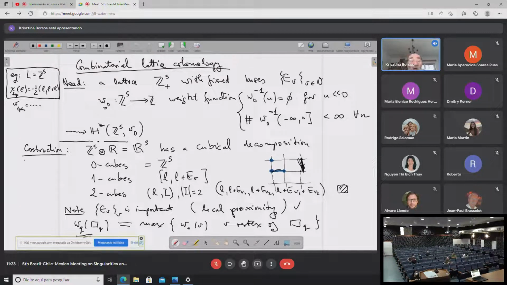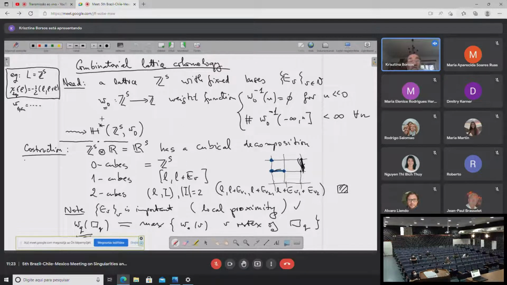In our case, this will be the lattice generated by the exceptional curves in the resolution, or the plumbing graph associated with the plumbed 3-manifold, and the vertices give the fixed basis. Together with the intersection form, it's an easy object, basically.